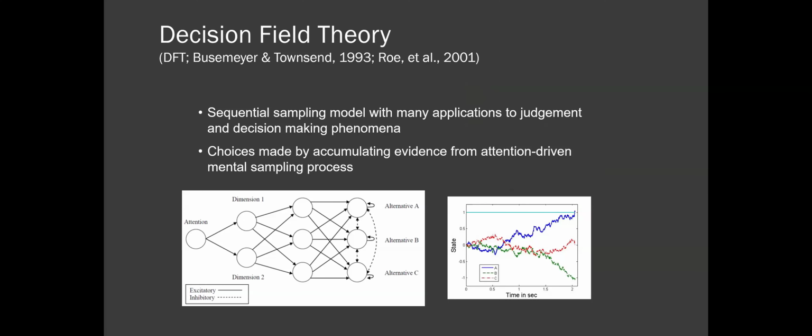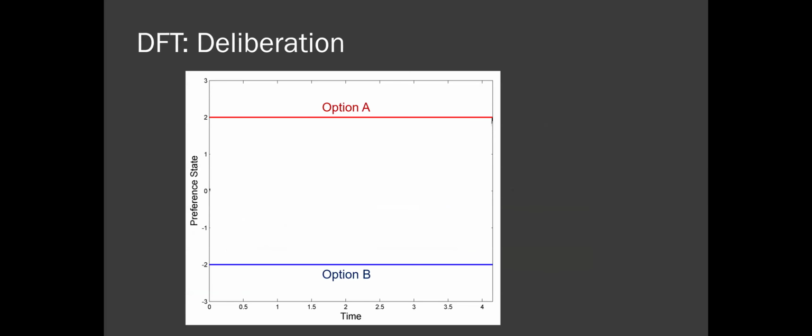The inspiration for this comes from decision field theory, a sequential sampling model that has been applied across many, many different domains. The basic idea is that you make a decision, say between options A and B, by engaging in a noisy, attention-driven sequential sampling process.